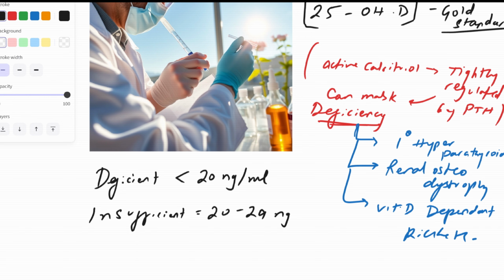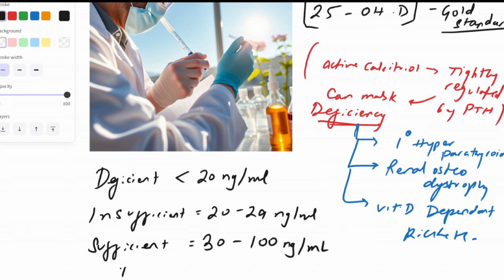This stage usually requires supplementation. Then there's the sufficient range, which is 30 to 100 nanograms per milliliter. This is the target range for optimal bone and overall health. Then there's the toxicity range, which is more than 150 nanograms per ml, typically from excessive supplementation and not skin exposure.